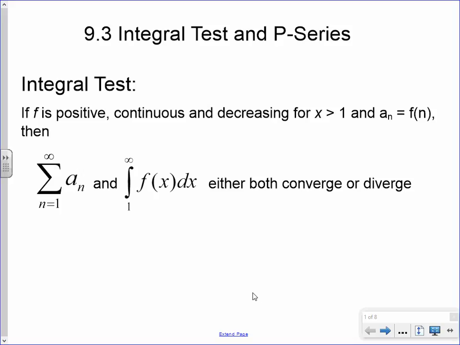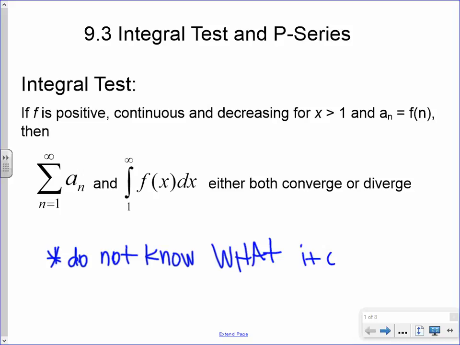Now, an important thing to understand: we do not know what it converges to. All this is going to tell us is if it converges or not. With geometric, we can find the sum. With telescoping, we can find the sum.